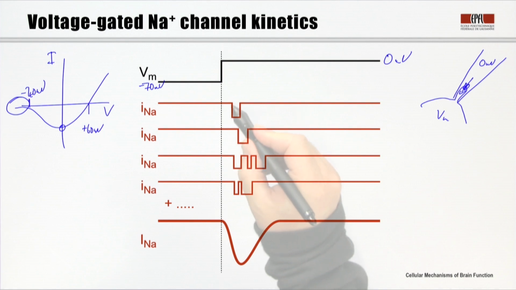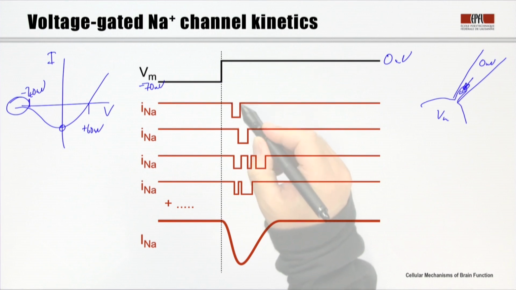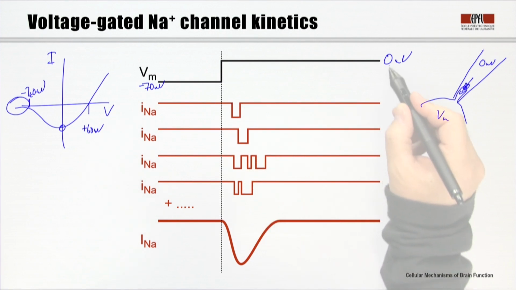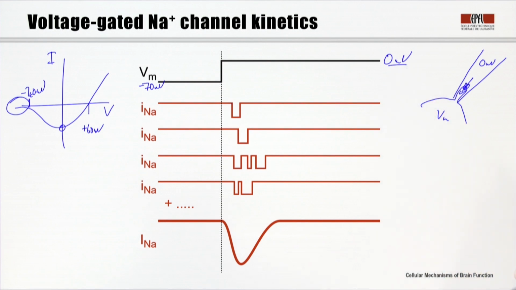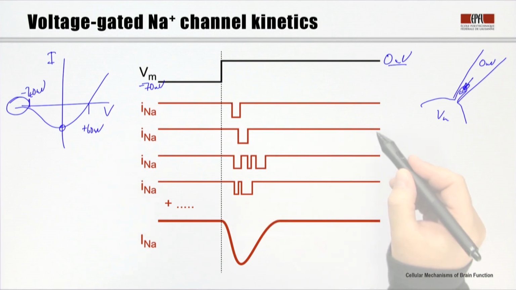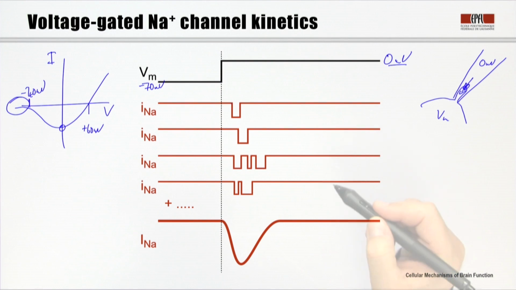Initially, nothing happens, but then after a short delay, this ion channel opens, stays open for a brief period of time, closes again, and then remains closed for the duration of the depolarization to 0 millivolts. On the next trial, we repeat this: again we're at minus 70 millivolts, no current flow, we depolarize to 0 millivolts, short delay, the ion channel opens, stays open, closes, and then again remains closed for the duration.